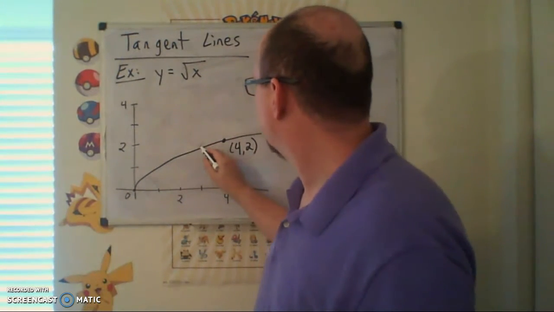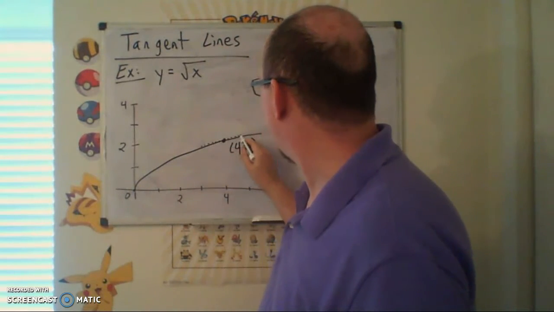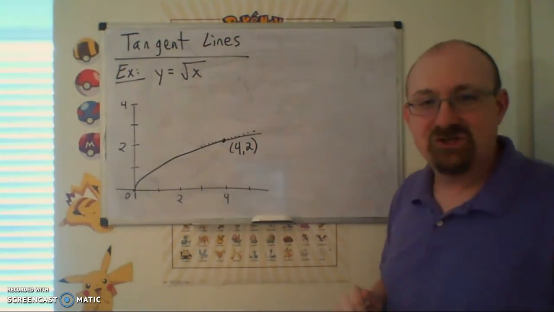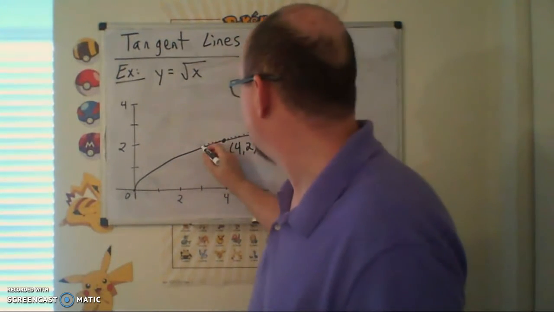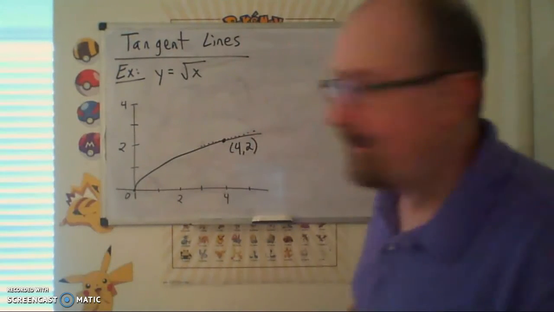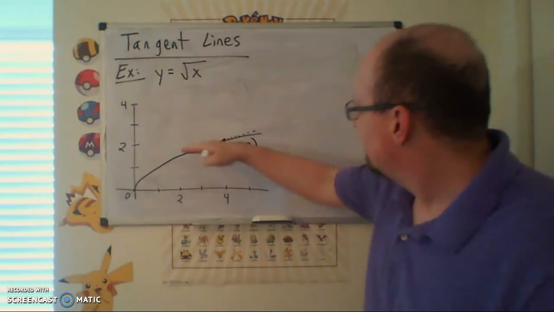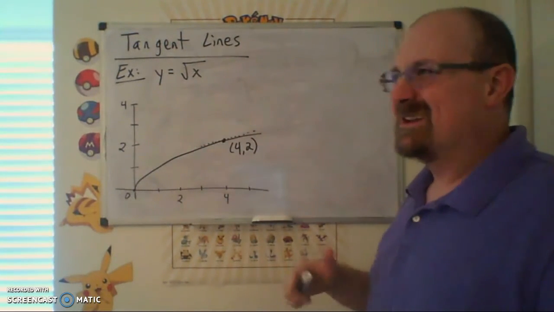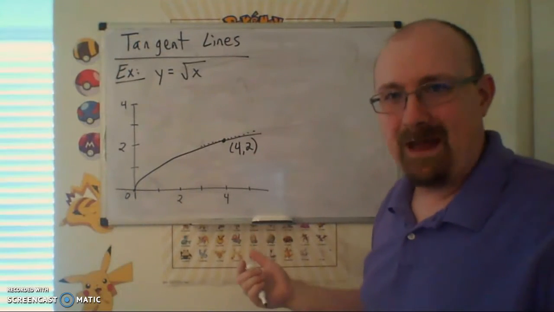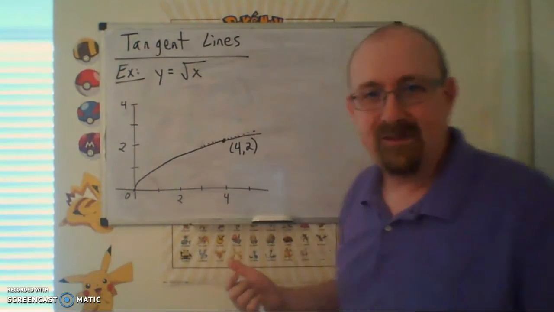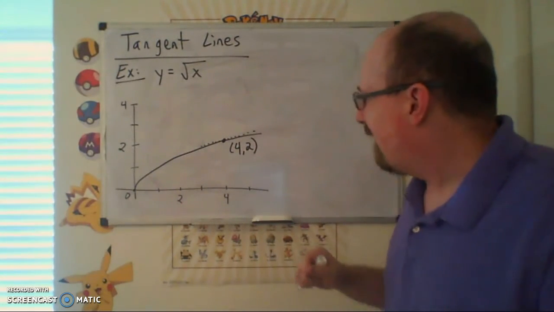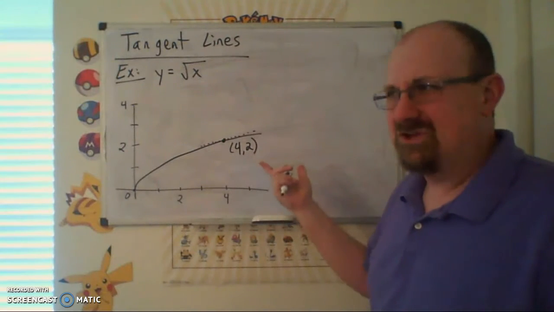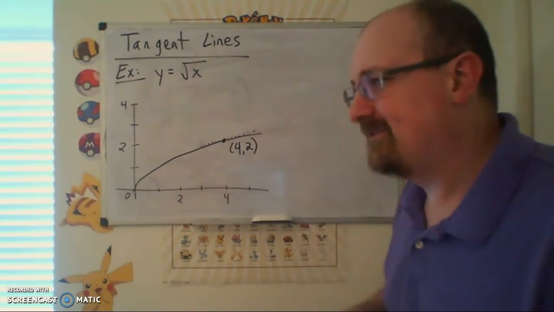So it's going to come across and just graze the function at that spot. The dotted line is maybe a little hard to pick up on my webcam display, but hopefully you can see it traveling in that direction. It's not really a true kiss off the glass for basketball fans out there, but hopefully you get the idea. Now, I've drawn the tangent line, at least in a rough sense.